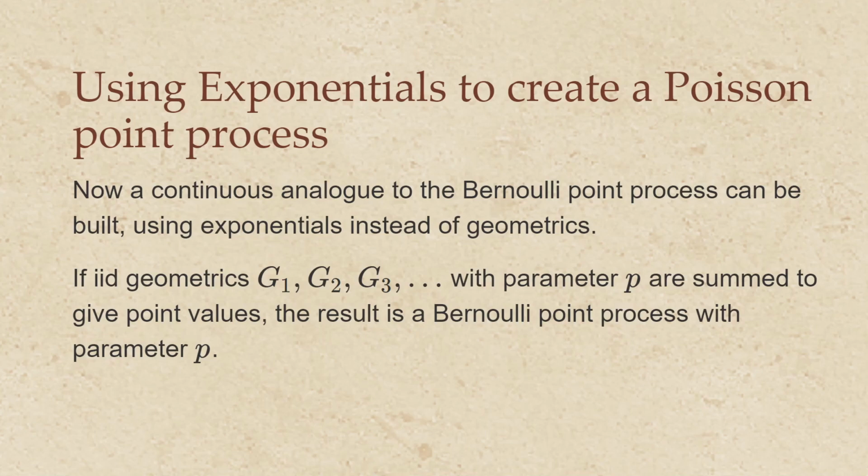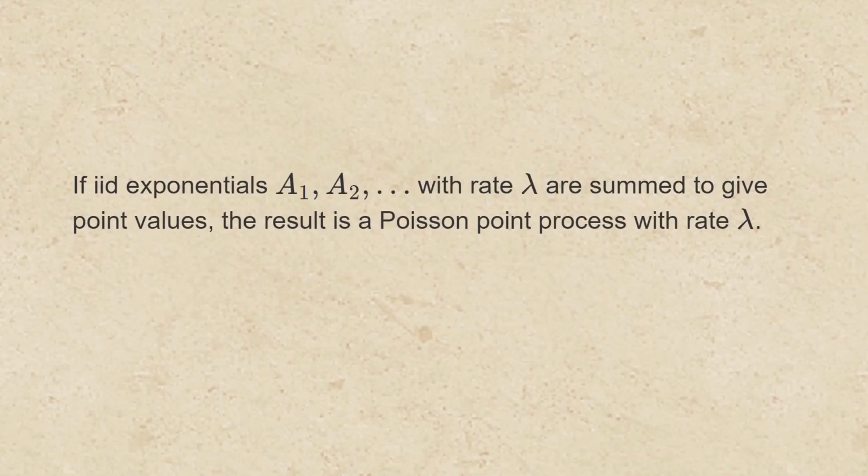If IID geometric random variables, g sub 1, g sub 2, g sub 3, with parameter p are summed to give point values, the result is a Bernoulli point process with parameter p. So what we're going to do is take IID exponentials, a1, a2, etc., with rate lambda, and sum those to give point values. The result is a Poisson point process with rate lambda.